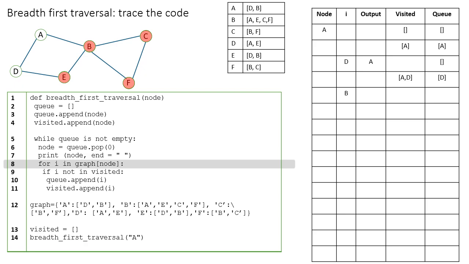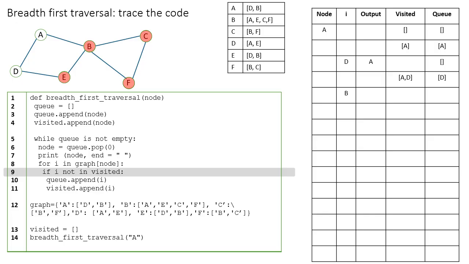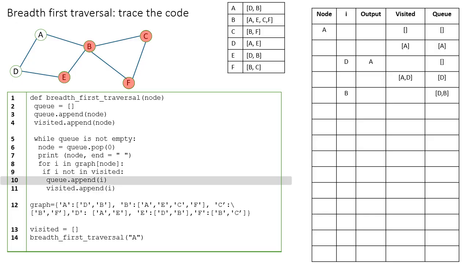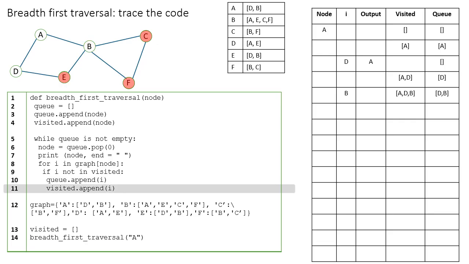Next, we look at the next adjacent node from A, which is B. We check to see if it's been visited, which it hasn't, so therefore we need to execute lines 10 and 11. We add B to our queue and we add B to our visited list.